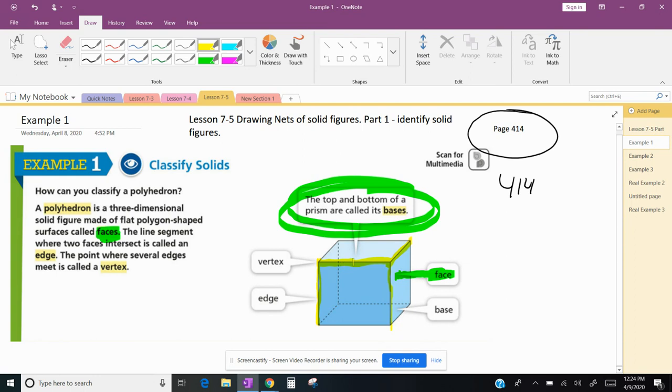So far I had 1, 2, 3, 4 edges. I see 5, 6, 7. But now there's some I can't see, and that's why the dotted lines are there. Those are what I can't see when I'm looking at a box. So 7, 8, 9, 10, 11, 12 edges in all.